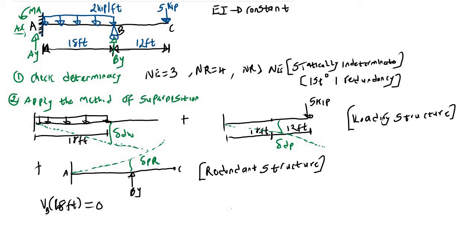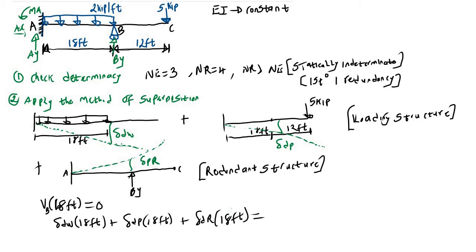So now we just need to add up this displacement. So the first one is the displacement due to the distributed load, and this is at a distance of 18 feet, then plus the displacement due to the point load, and this is at a distance of 18 feet, then plus the displacement due to the redundant load, and this is at a distance of 18 feet.